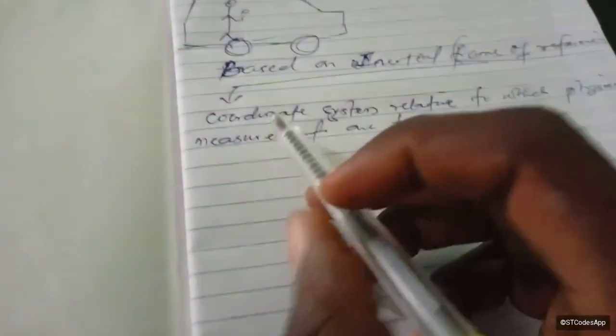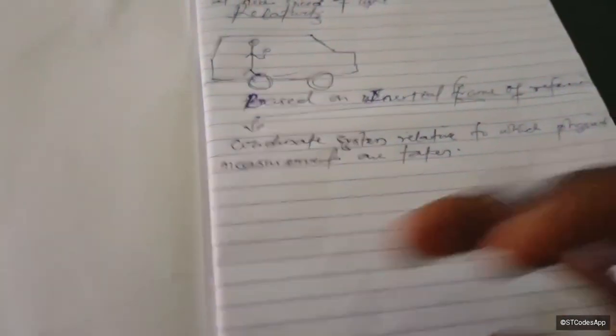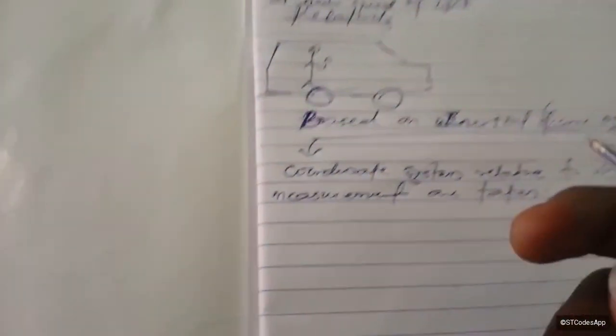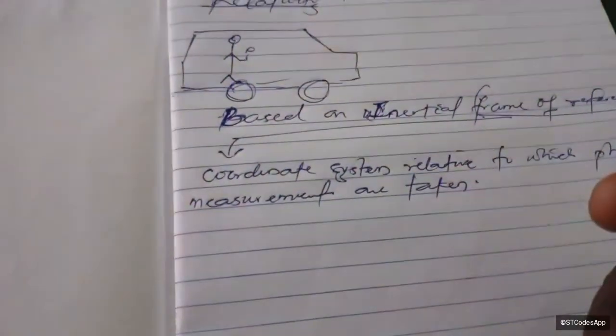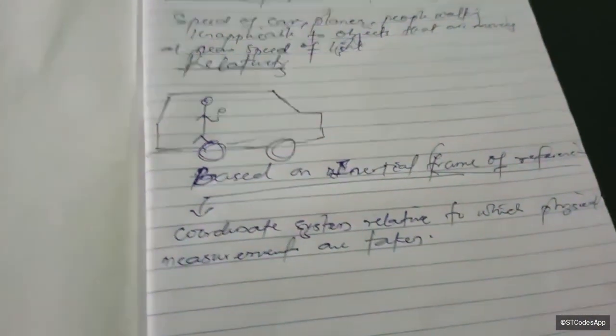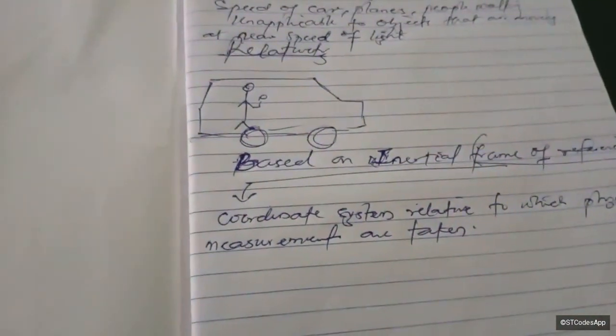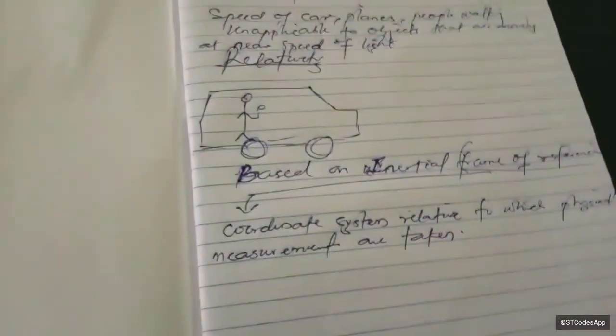The frame of reference is a coordinate system relative to which we can take physical measurements. So that basically means it is a particular thing that we take measurements of physical quantities relative to.